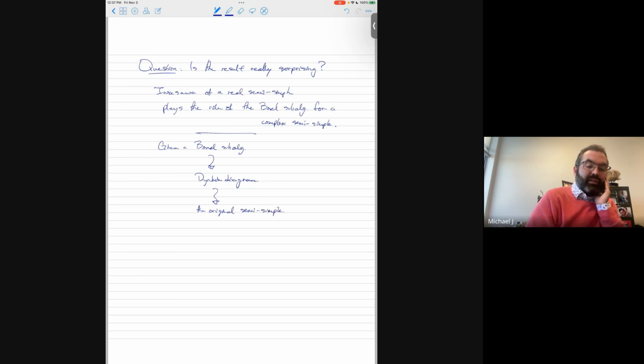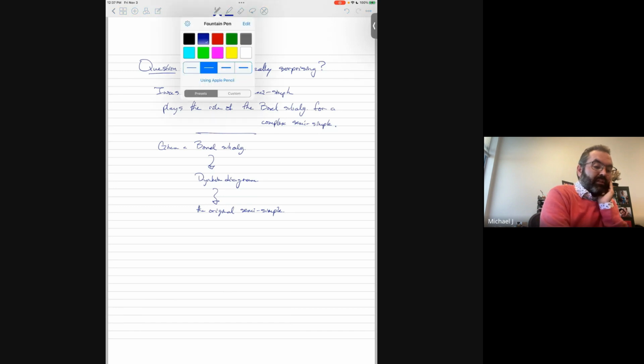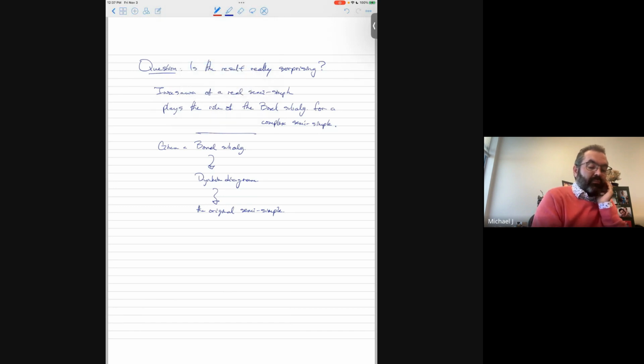You can even get rid of the Borel and replace that with the nilpotent part, the nilradical of the Borel. If you take the nilradical of the Borel, you can actually recover the Dynkin diagram, and so the original semi-simple.